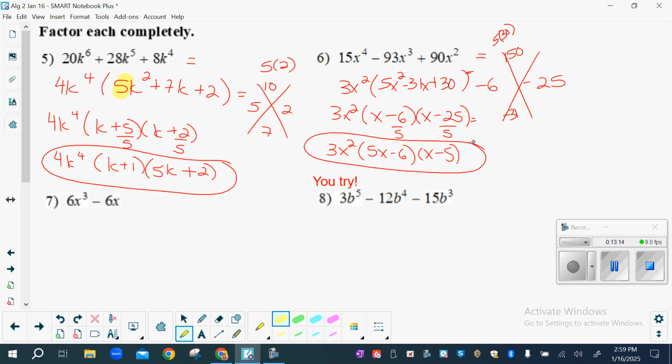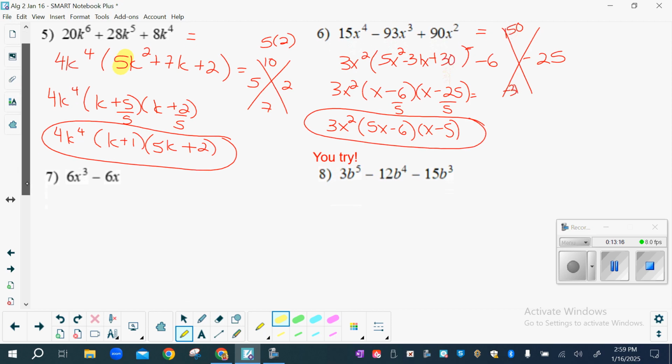Okay, number 7. What's my greatest common factor on number 7? 6x. Good. What are we left with? x squared minus 1. Can we factor that x squared minus 1 again?